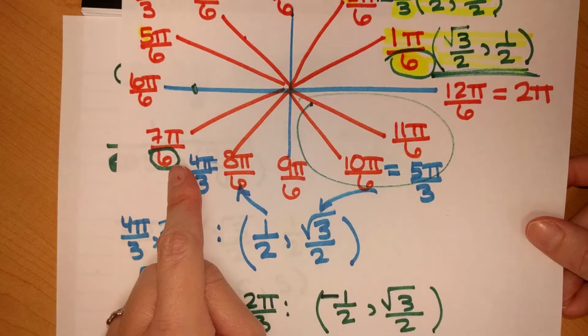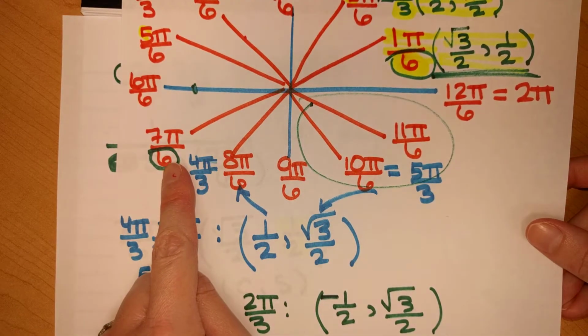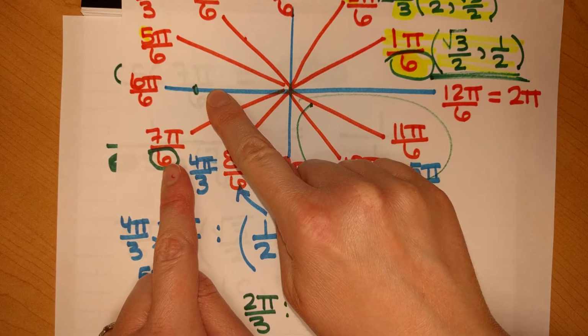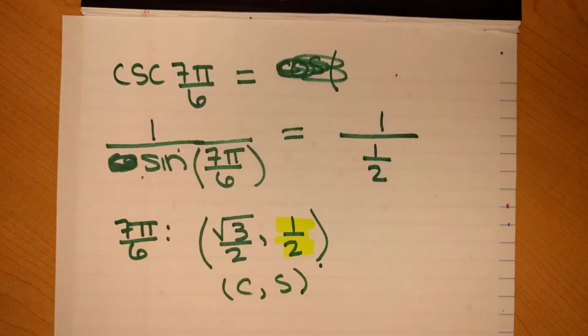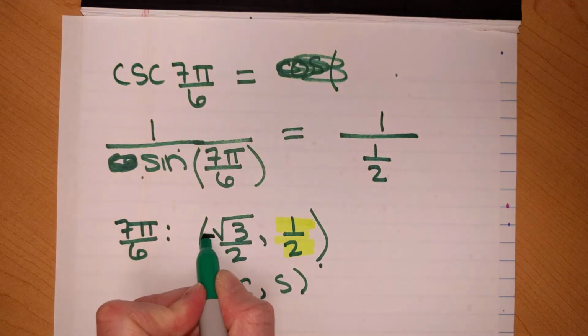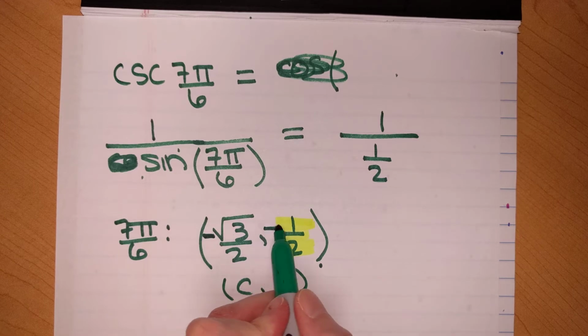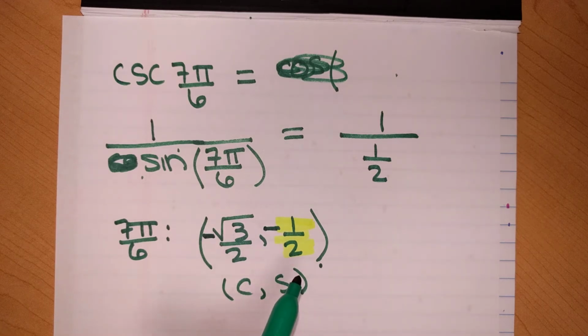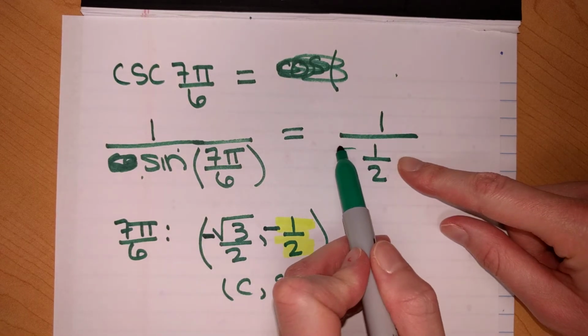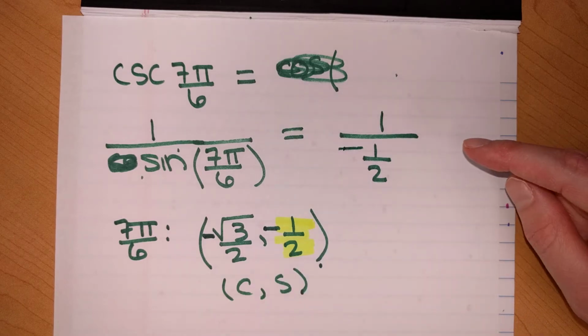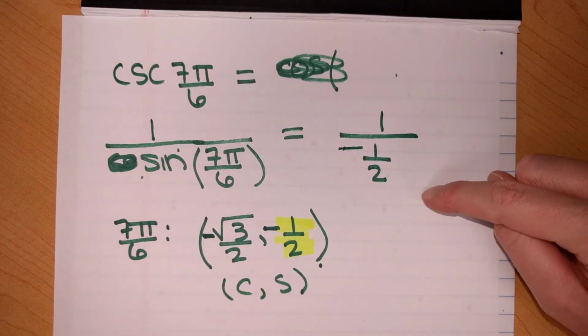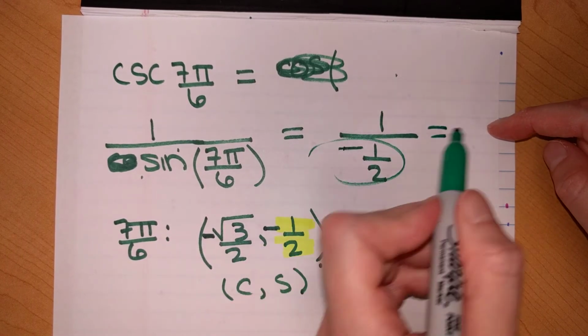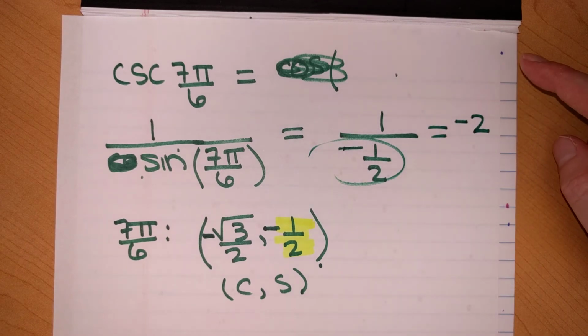So 7 pi over 6 is over here in quadrant 3. In quadrant 3, your x is negative, your y is also negative. So at 7 pi over 6, you would have a negative square root of 3 over 2, negative 1/2. So that means that this 1/2 needs to be a negative. Now your final step is that you have 1 over negative 1/2, flip the denominator, and that gives you negative 2 for cosecant of 7 pi over 6.